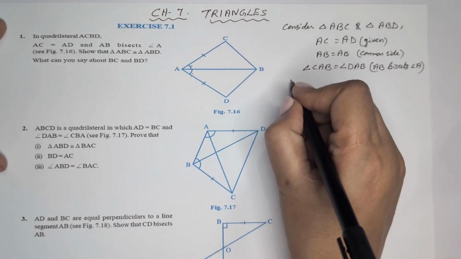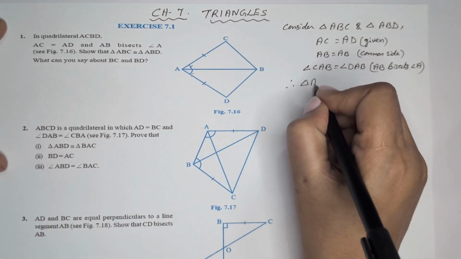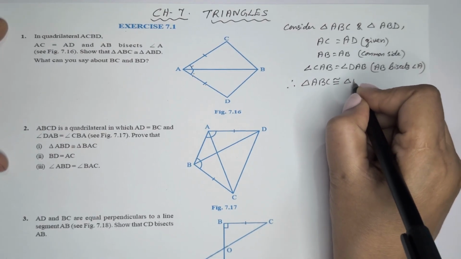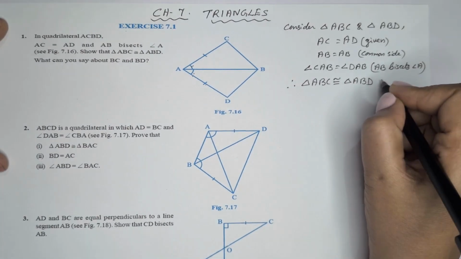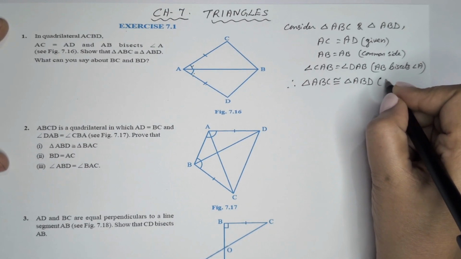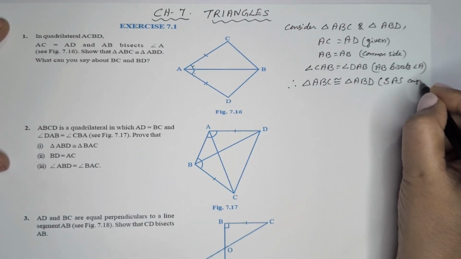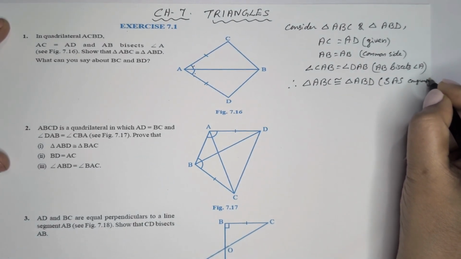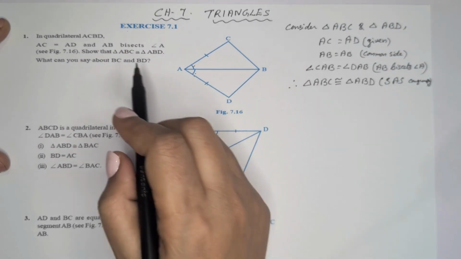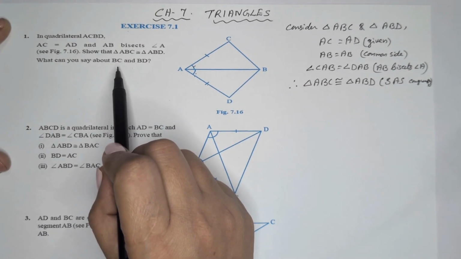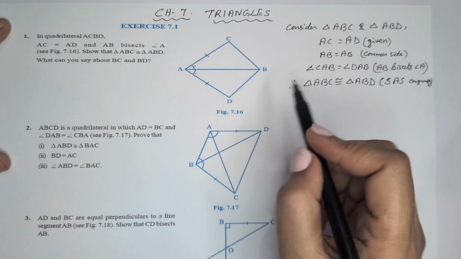So we can write, therefore, triangle ABC is congruent to triangle ABD by SAS congruency. So we proved that these two are congruent. Now next is BC and BD.